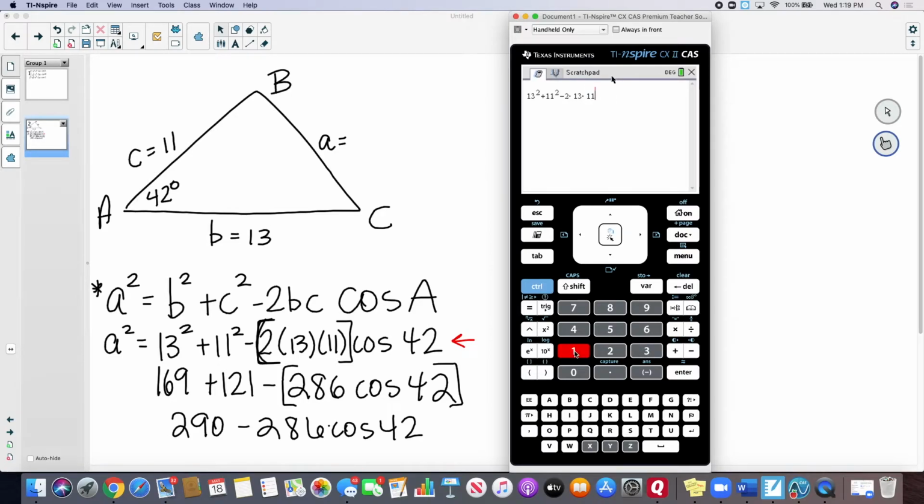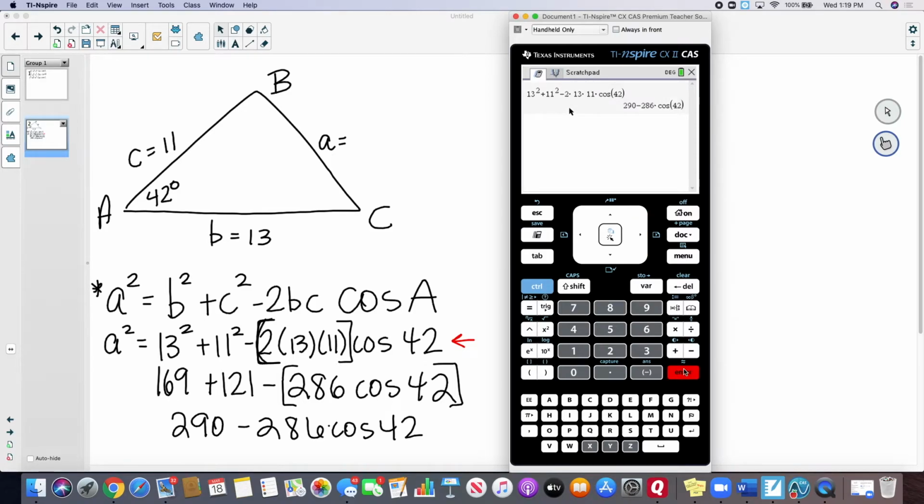And I think I'm going to go ahead and hit times before I do the cosine 42. And if it makes you more comfortable putting parentheses around this right here, you can do that as well. All right? So I'm going to hit enter.